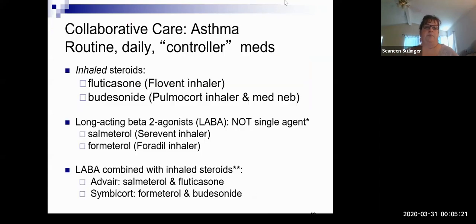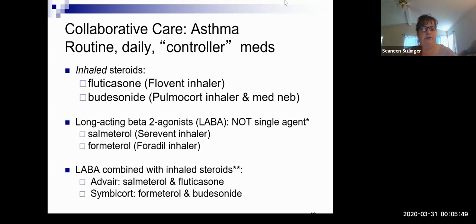So you have inhaled steroids. Now we're talking about controller meds, like your regular long-term meds. Before was rescue meds, and now we're moving on to talk about your daily routine asthma medications. So inhaled steroids like Flovent or Pulmicort, budesonide, those would be steroids. You might have Serevent or formoterol, which is Foradil.